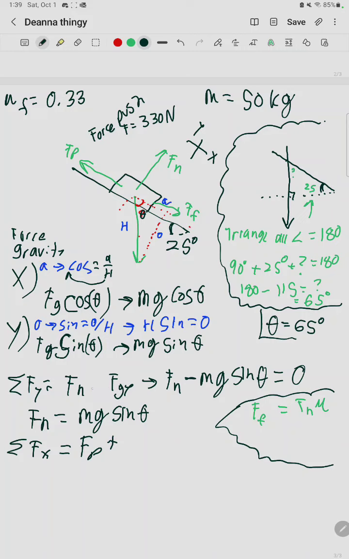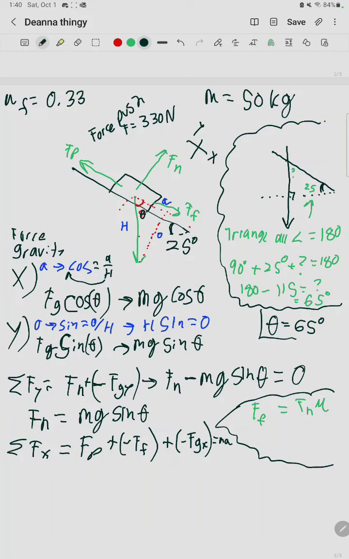We could probably put the negatives to start with. Just keep in mind that you're adding all of the forces, but the ones that are opposite from your axis are negative. So, force push plus negative force friction plus negative force gravity on x, sorry. There's an ma. We don't know if acceleration is 0 yet, so we're going to leave it as ma.